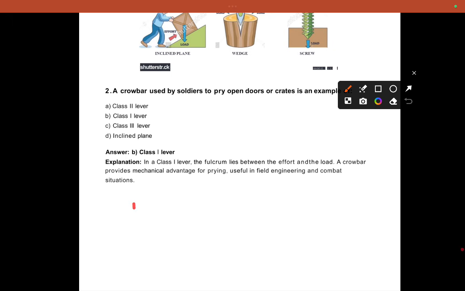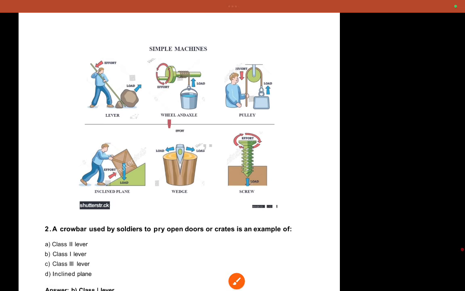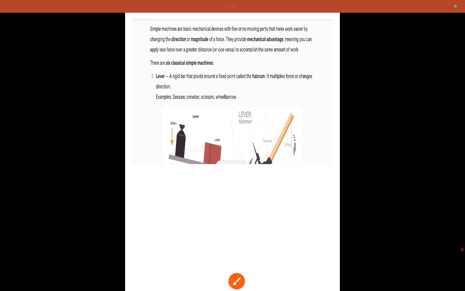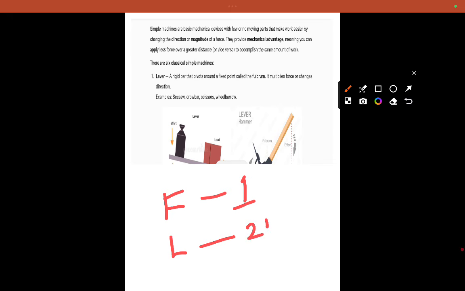Generally, if F is in the middle, that is called first class lever. If L is in the middle, that is called second class lever. And if E, the effort, is in the middle, that is called third class lever.